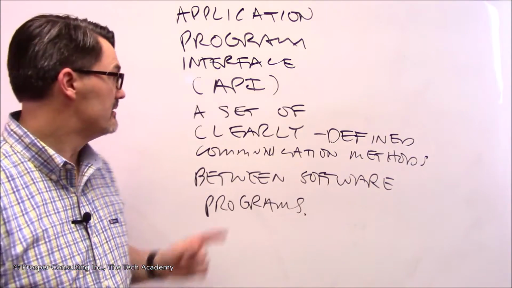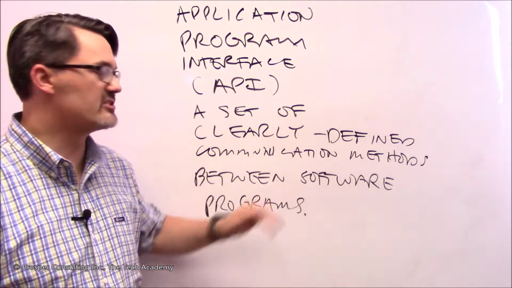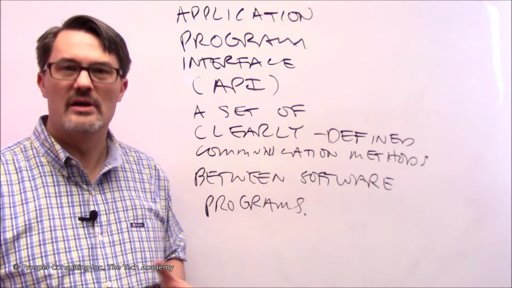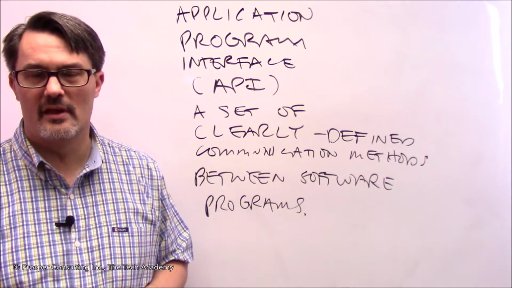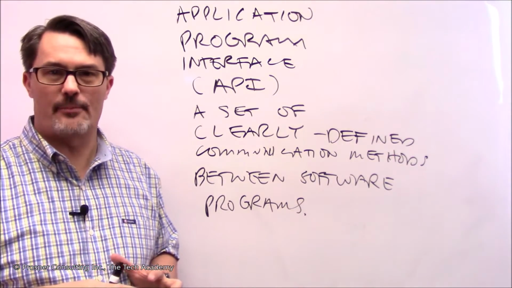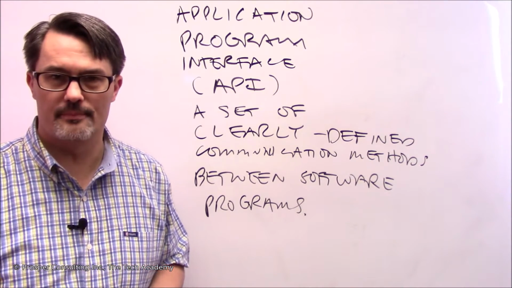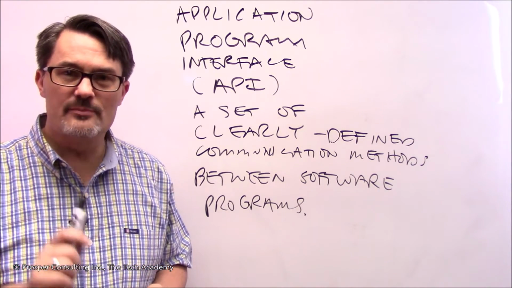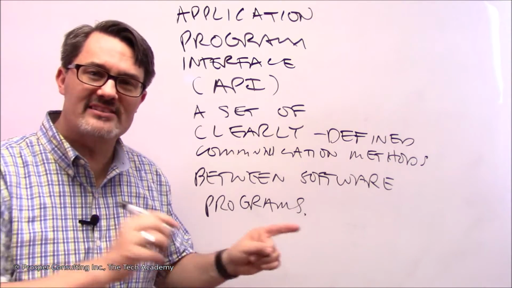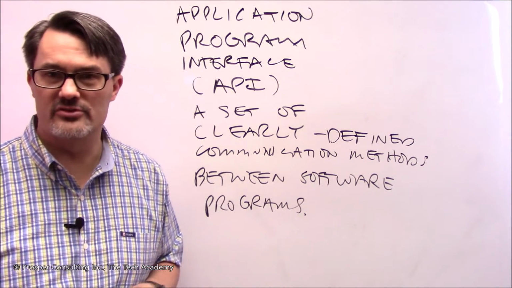An API is a set of clearly defined communication methods between software programs. A software program is designed for a purpose. And within that program, how it accomplishes that purpose is the business of the computer software designer, the programmer. What is the business of other people, though, is how to access whatever that computer program does, how to make use of it.